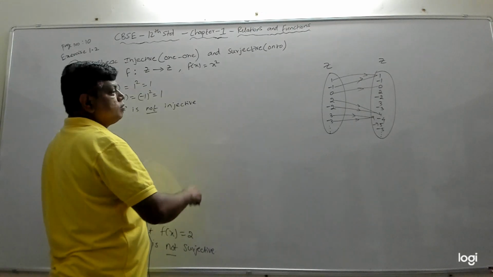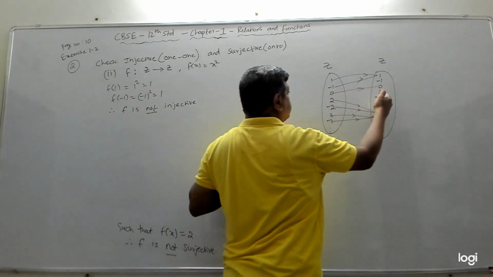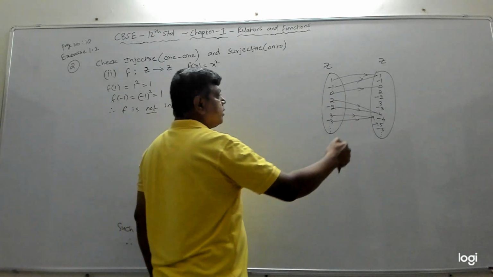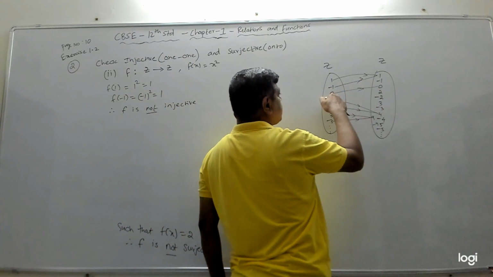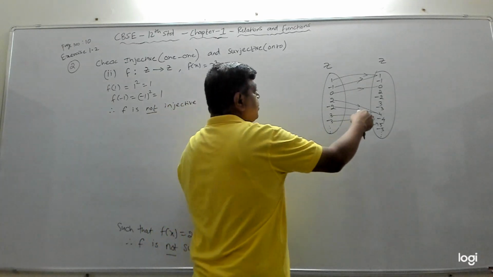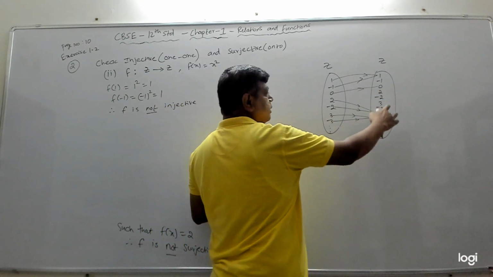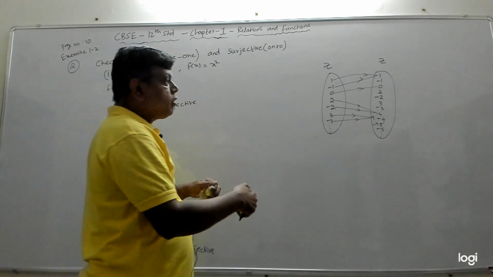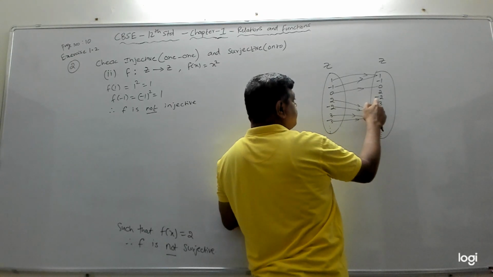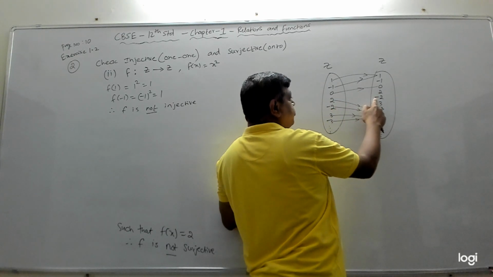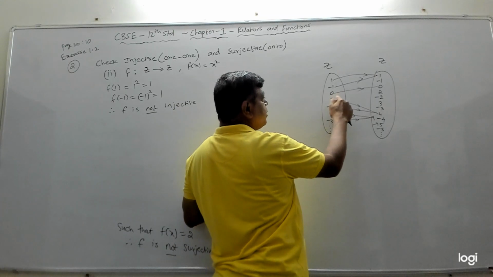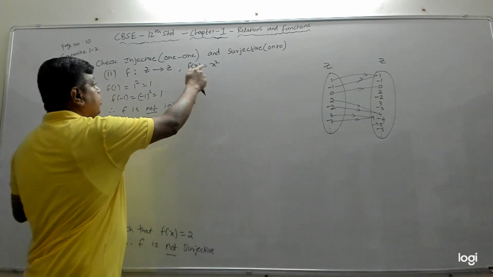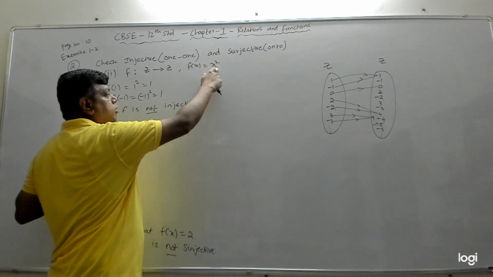Now is it onto? Onto means for every element here, we should be able to find an element here, every element should be an image of some element. If you see, when we try to do the mapping, some elements are left out, like 2, minus 2, 3, minus 3. For example, no element will get mapped to minus 2, because you cannot find any element here such that f of x is minus 2. f of x equal to x square means it will always go to either 0 or positive.